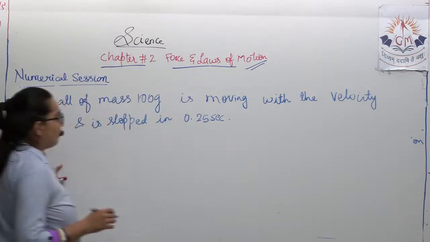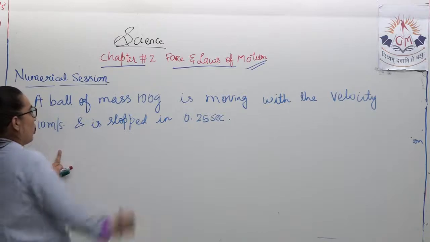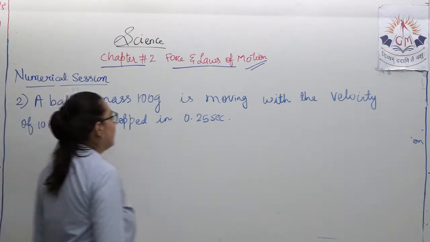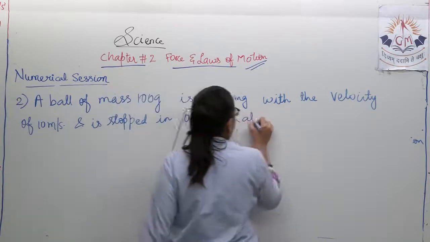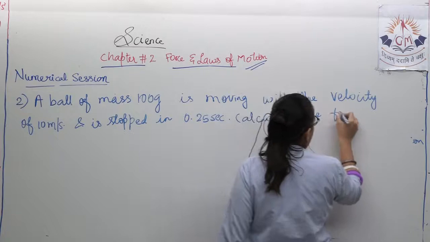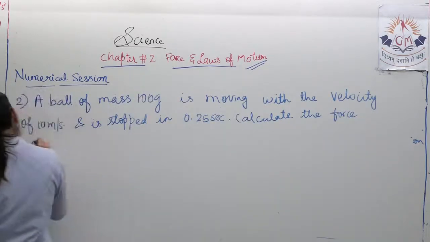Ball of mass 100 gram is moving with the velocity of 10 meter per second. It is stopped by a boy in 0.25 second. Calculate the force applied to stop the ball.